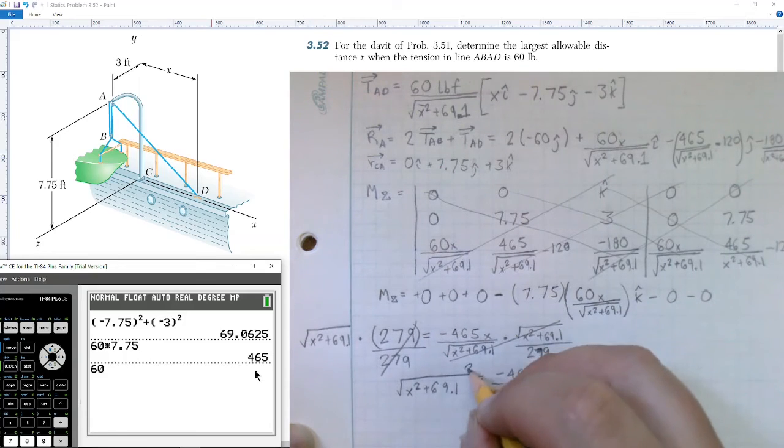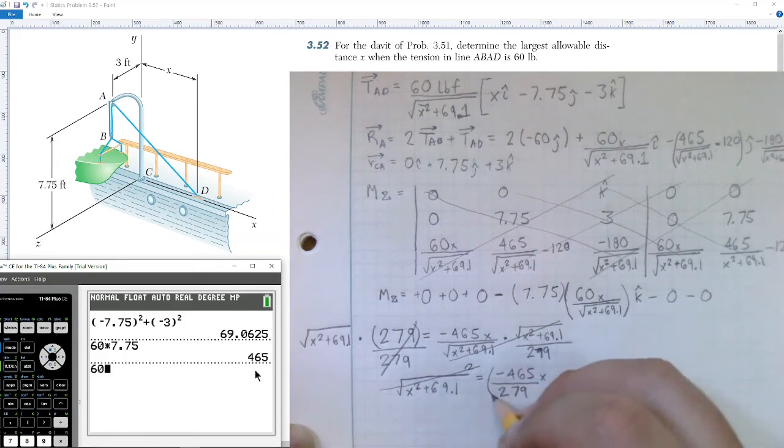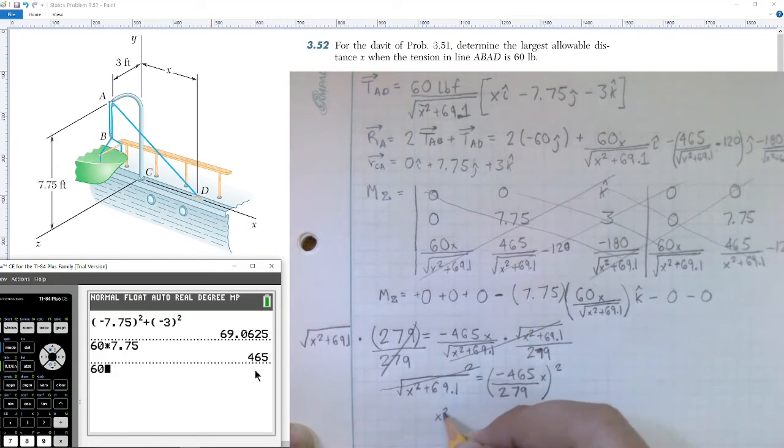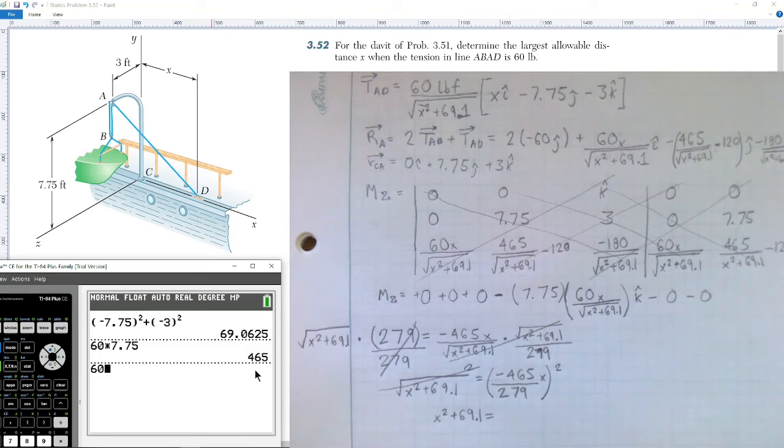So we're going to square both sides here. That'll cancel the square root. So we get x squared plus 69.1 is equal to this term squared. So I'm going to square, in parentheses, negative 465 divided by 279.